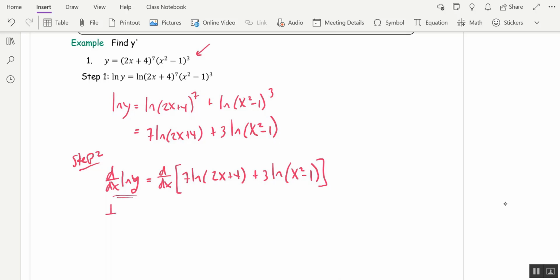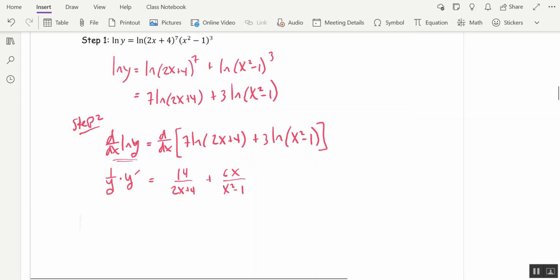I take 1 over y, and then I multiply by the derivative of the inside, which is y prime. So when you do logarithmic differentiation, the derivative on the left will always be 1 over y times y prime. Now on this side, we get 14 over 2x plus 4, I'm multiplying the 7 and the 2 in my head, plus 6x over x squared minus 1.